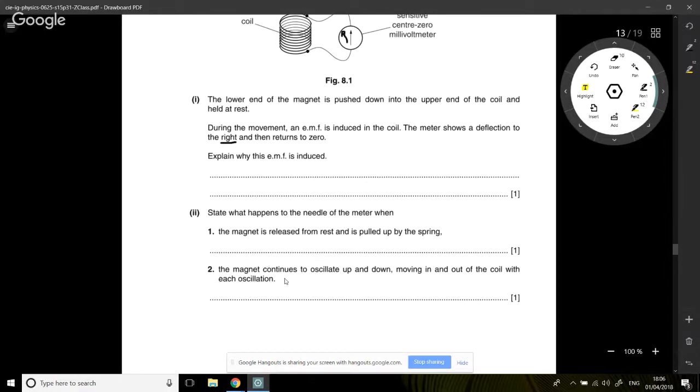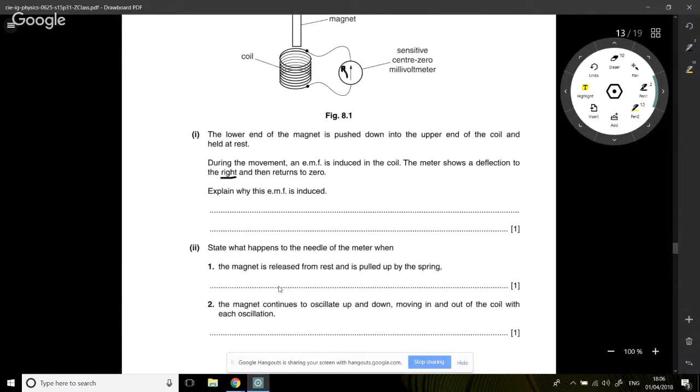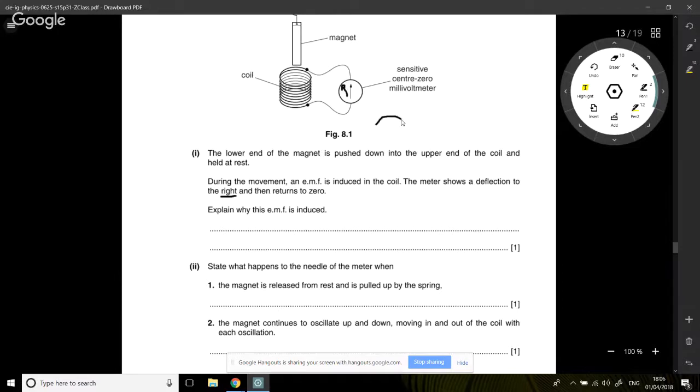And then continues to oscillate up and down. So what happens to the needle? It starts bouncing left and right because the magnet is going backwards and forwards in and out of this coil. So the needle just goes left and right, left and right.